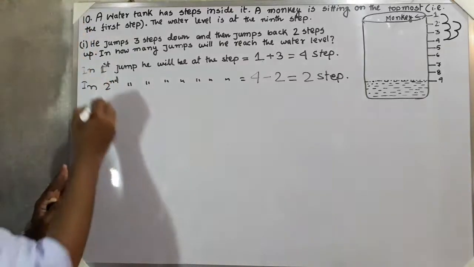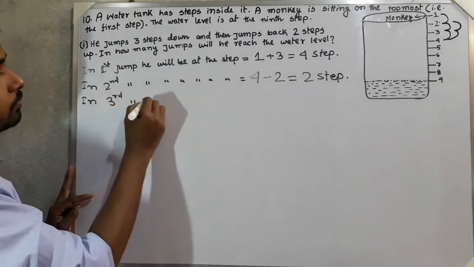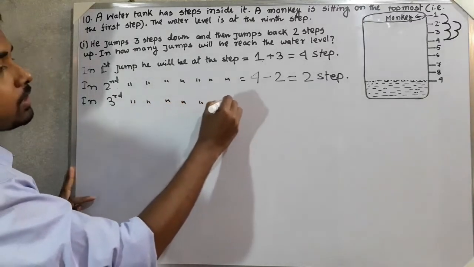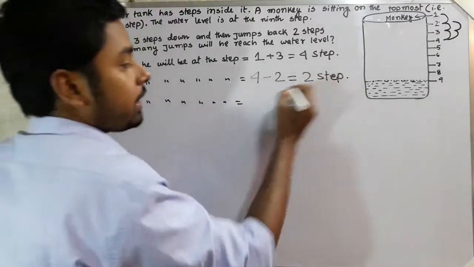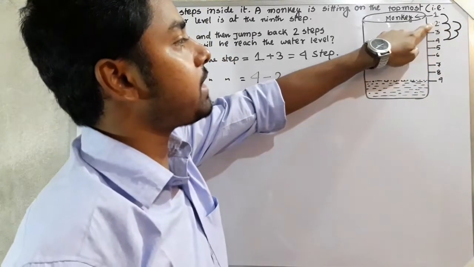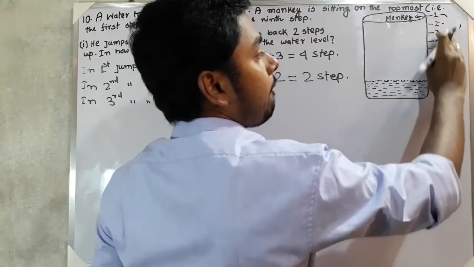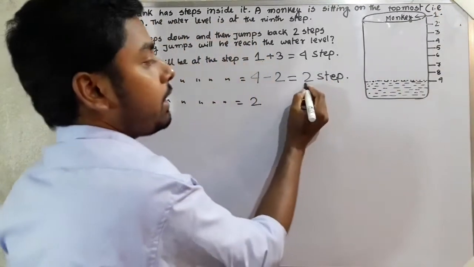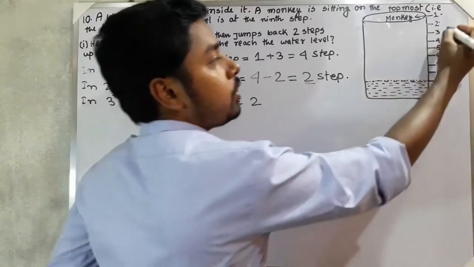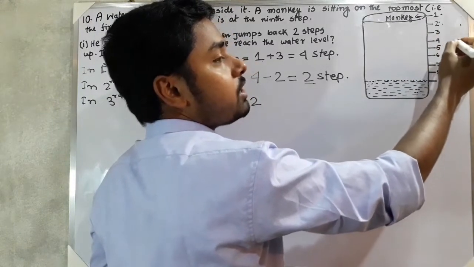Now in the third jump, which step will he be at? Right now he is at the 2nd step, and from the 2nd step he will jump again 3 steps.